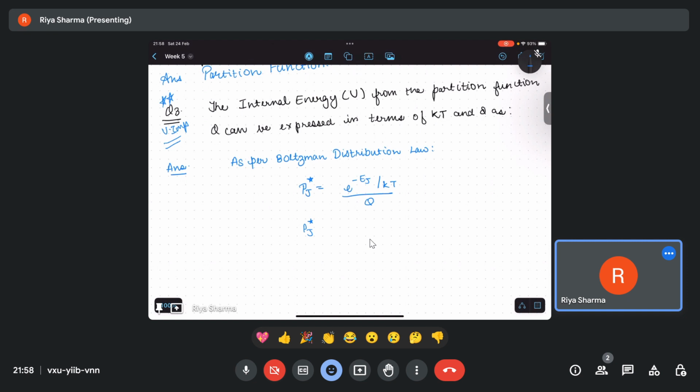As we know, Q is always equal to the summation from j equals 1 to t of e raised to the power minus Ej by kT. This much we are in line.